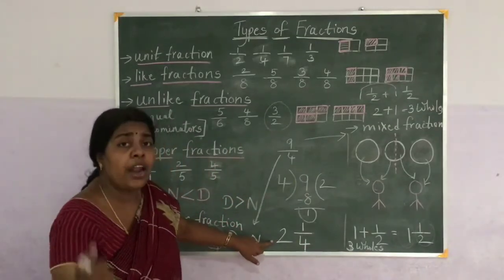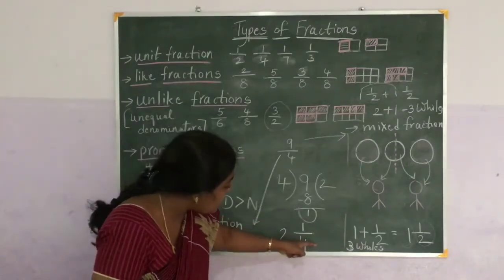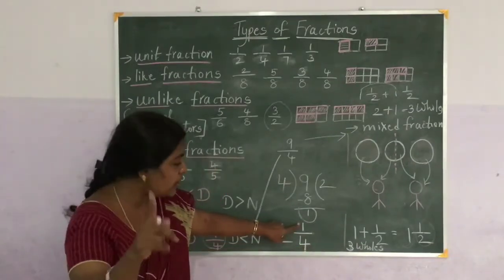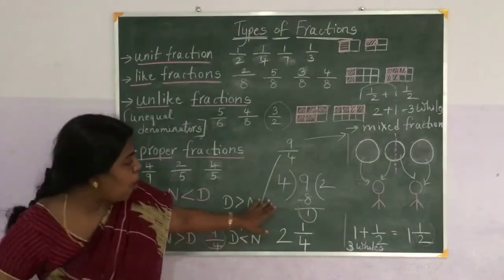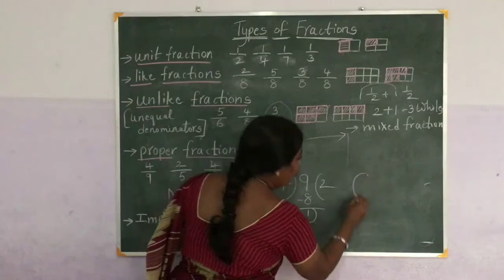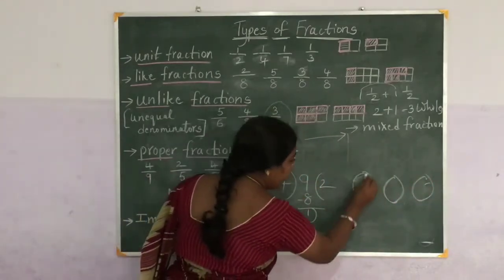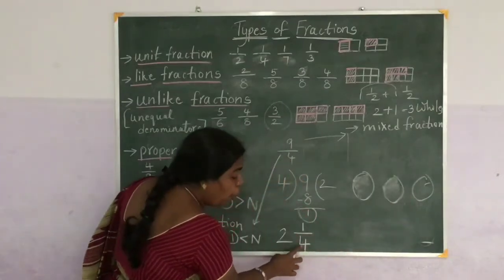That means here how many wholes are there? 2 wholes are there, and this is also a whole, but in this we are taking some fraction. How can you show this in the form of a picture? So here 3 wholes, 1, 2, 3. In this, 2 we have taken completely.